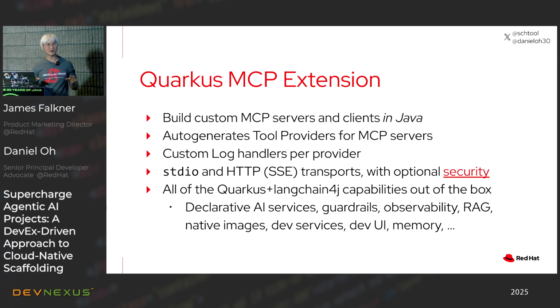But that's not the end. The more important thing is that Quarkus provides a bunch of the developer productivity features James mentioned earlier. There are dev services, which we're going to use today, native compilation, and the dev UI.